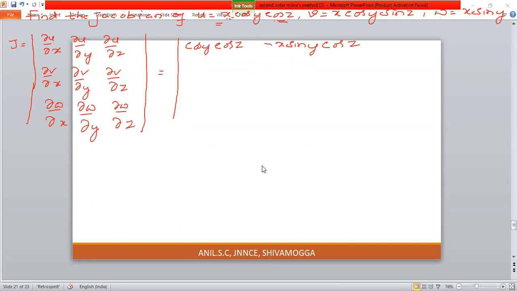Next, del u by del z. x is constant, cos y is constant. Differentiate cos z. The derivative will be minus x cos y sin z. Correct?